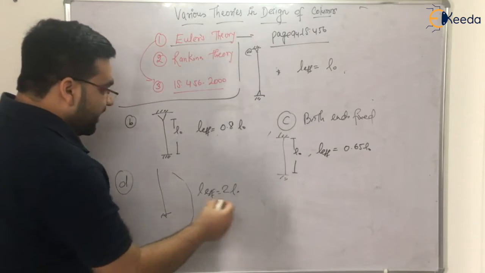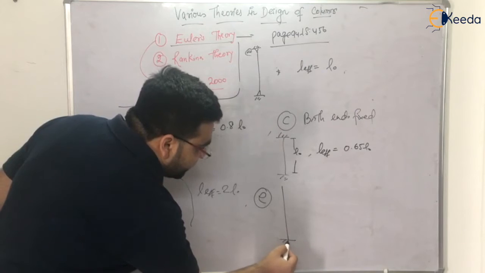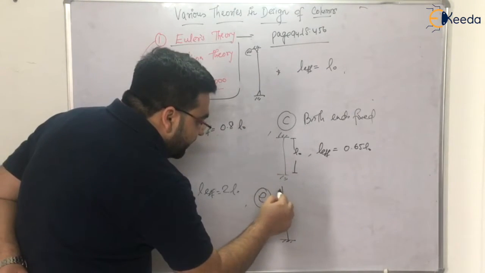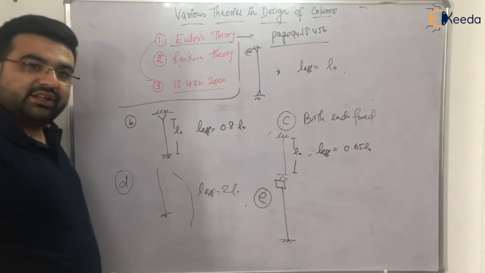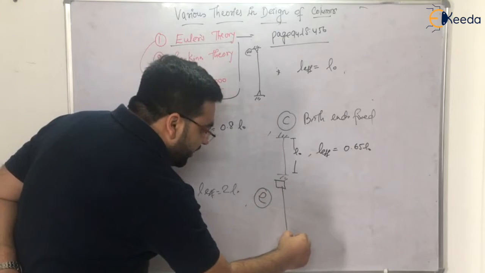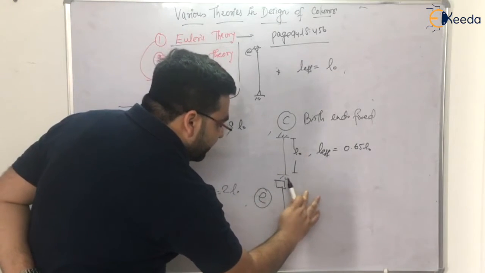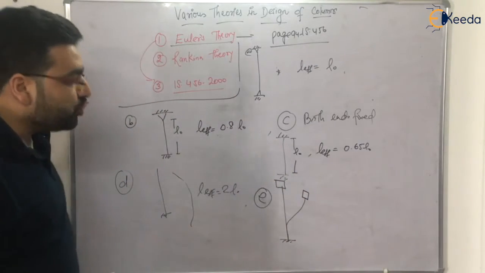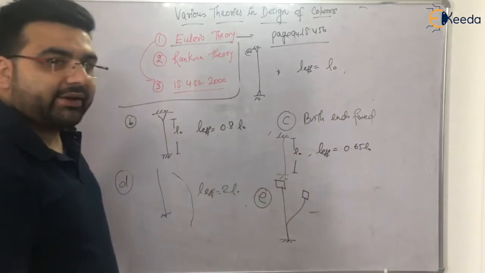That case is, let me write the E case. In the E case, one end is fixed, clear? Another end is also fixed, but it can rotate. It means that if you apply some load, it will rotate like this. So Euler's theory is silent on this topic.